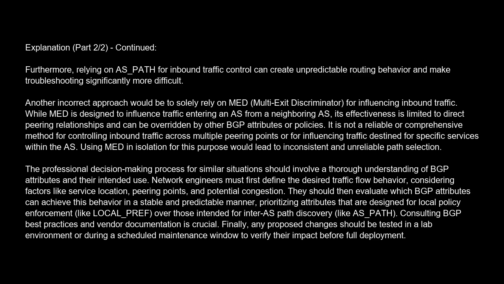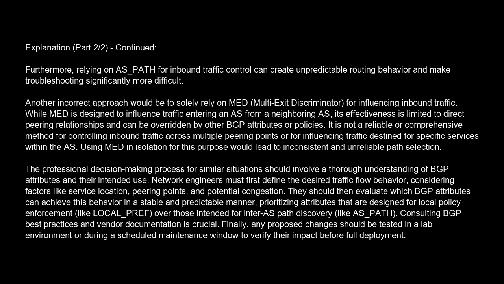The professional decision-making process for similar situations should involve a thorough understanding of BGP attributes and their intended use. Network engineers must first define the desired traffic flow behavior, considering factors like service location, peering points, and potential congestion.